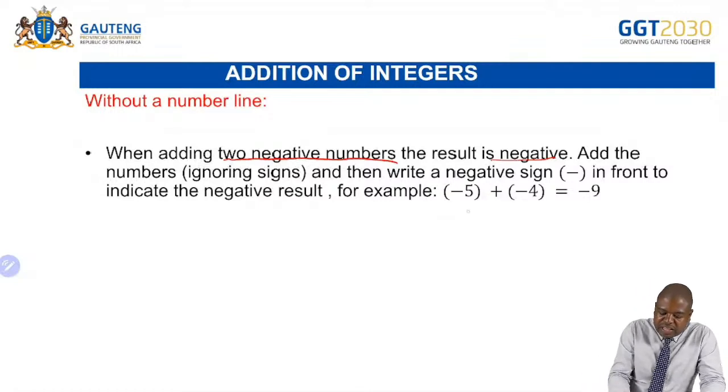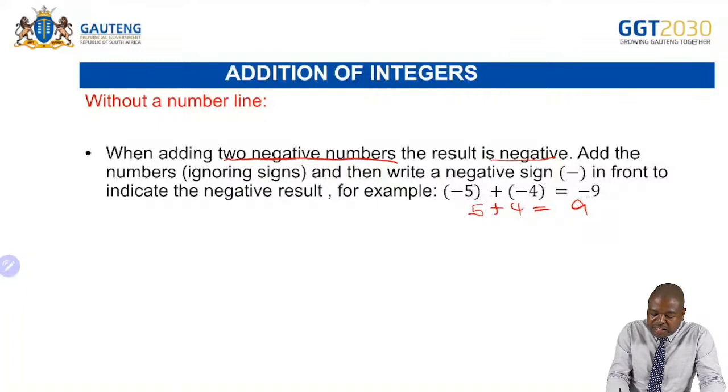Here is -5 plus -4. If you ignore the negative signs and add these two numbers, which is 5 plus 4, you are going to get 9. But we know that these are negative numbers, so our answer should be negative. Are we together?